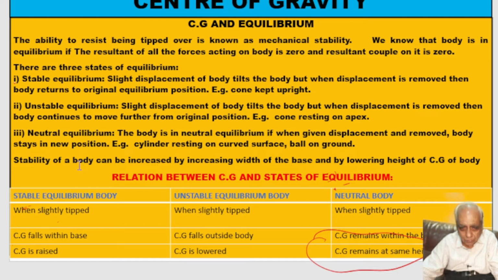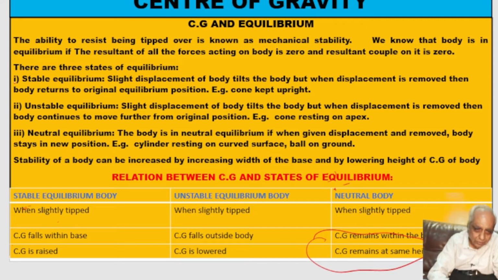So the body which does not fall down by slight tilting is said to be stable, and the body which falls down with tilting is considered to be unstable. And if a body remains in the same position, there is no change, then we say it is a neutral body.